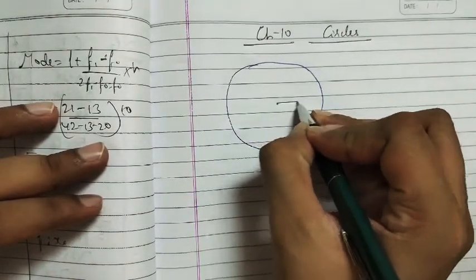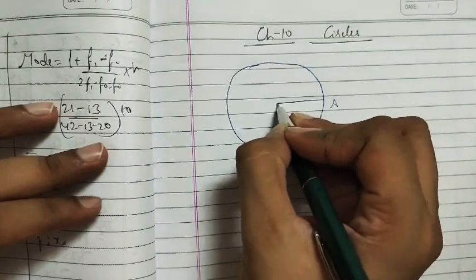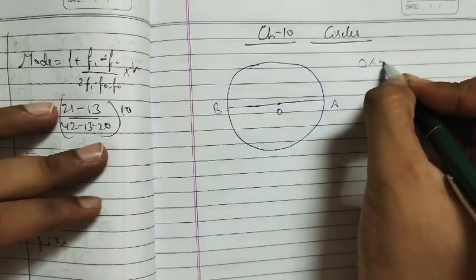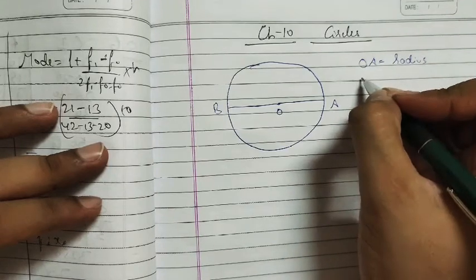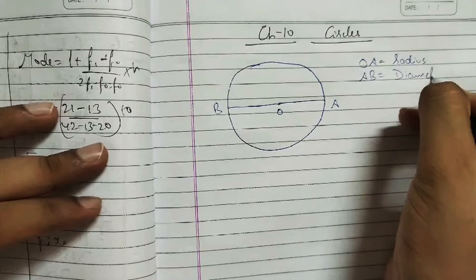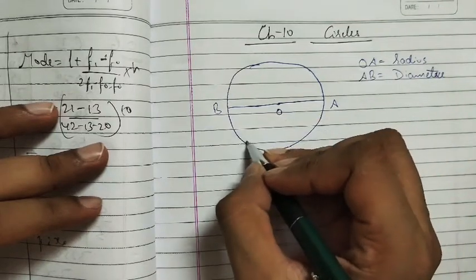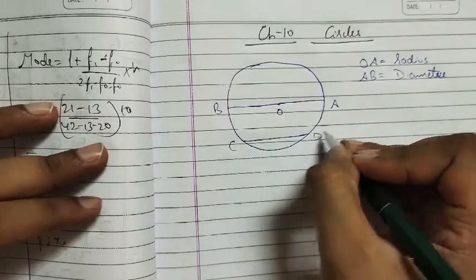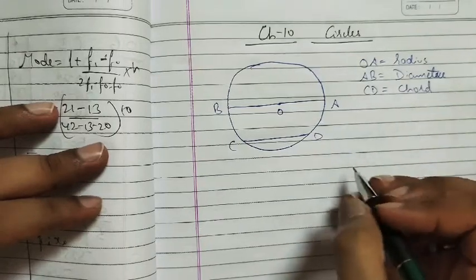So we know that this is the radius. OAB. So OA is the radius, AB is the diameter, right? And if I take this line CD, CD is a chord, right?